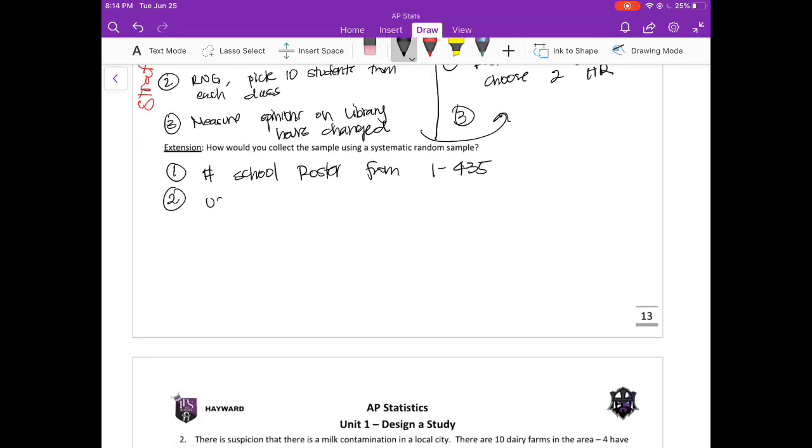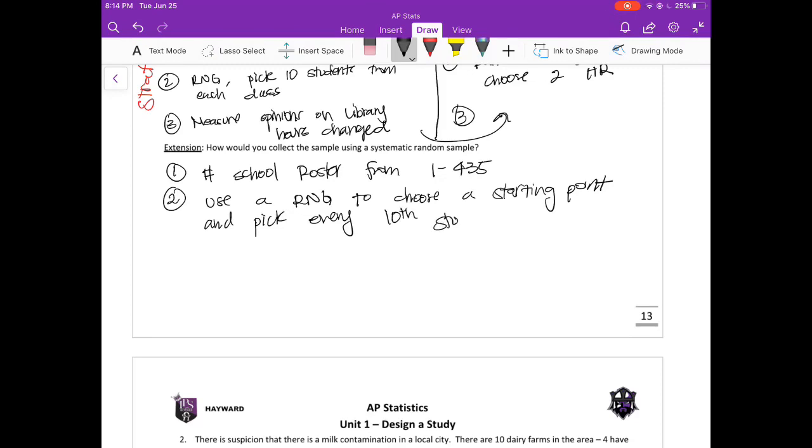Then you're going to use a random number generator to choose a starting point and pick every 10th student. Okay.